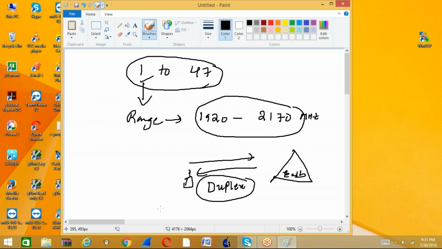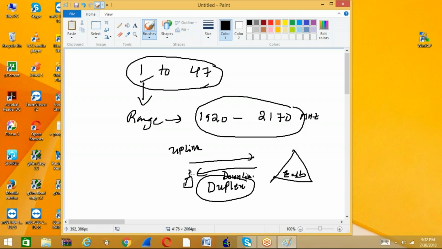Upwards is called uplink, downwards is called downlink. Downlink means the base station is sending something, and you send something in the uplink.